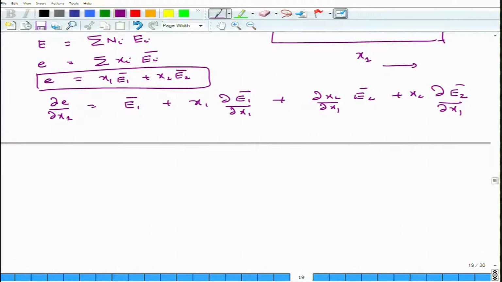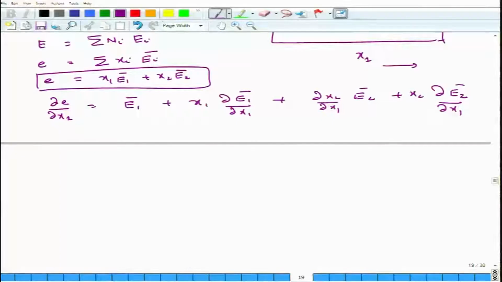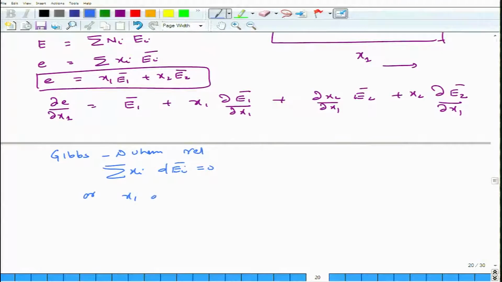Now, what I am going to do is to simplify this. In order to simplify this, when you look at this expression, the automatic intuition you should take is to make use of Gibbs-Duhem relations in order to simplify this expression. So, what is a Gibbs-Duhem relation? Again, we go back to the Gibbs-Duhem relation. We know that summation Xi dEi bar equals 0, or for the binary mixtures I can write this, when I take a differentiation with respect to x1.